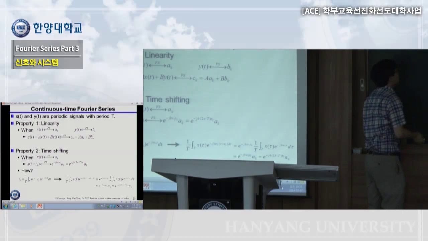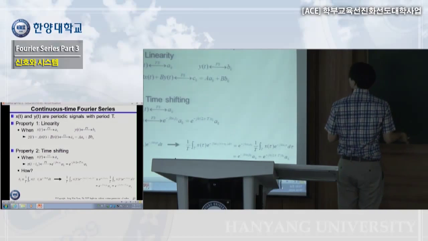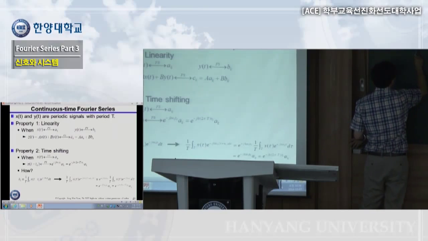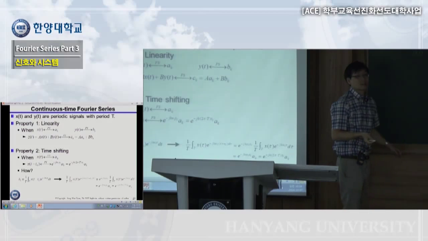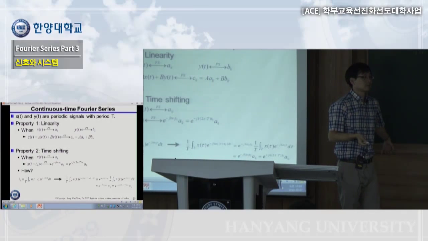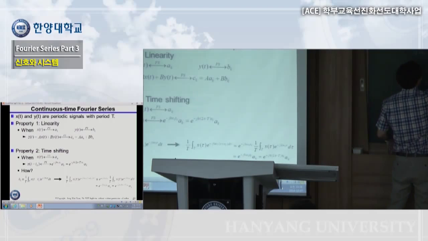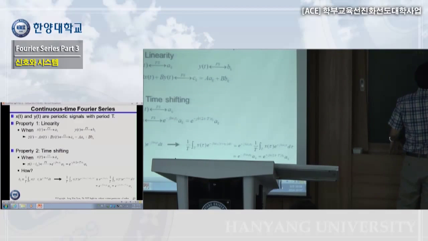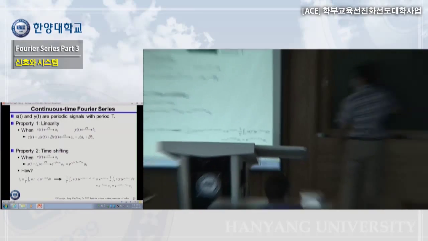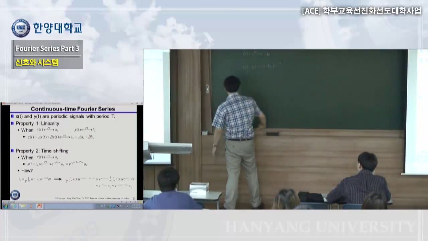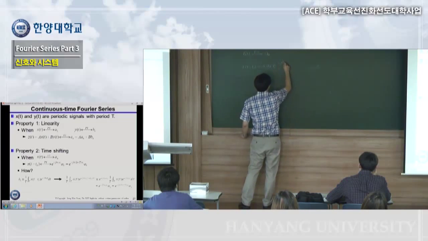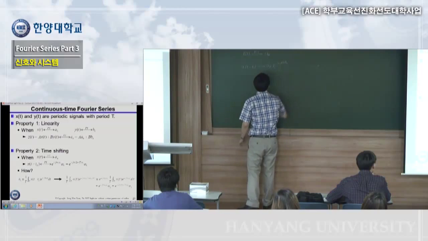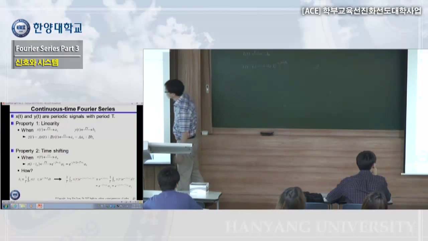That's always the claim. Then, what about x(t minus t0)? What about this? The answer is ak times exponential minus j omega 0 t0 times k.